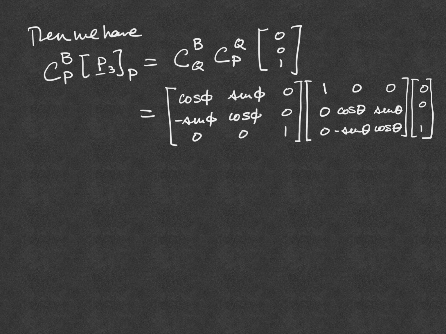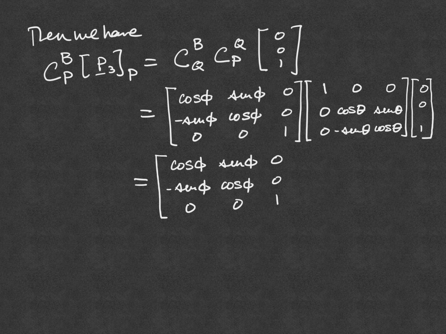Multiplying that second matrix by 0, 0, 1, I get 0, sine of theta, cosine of theta.